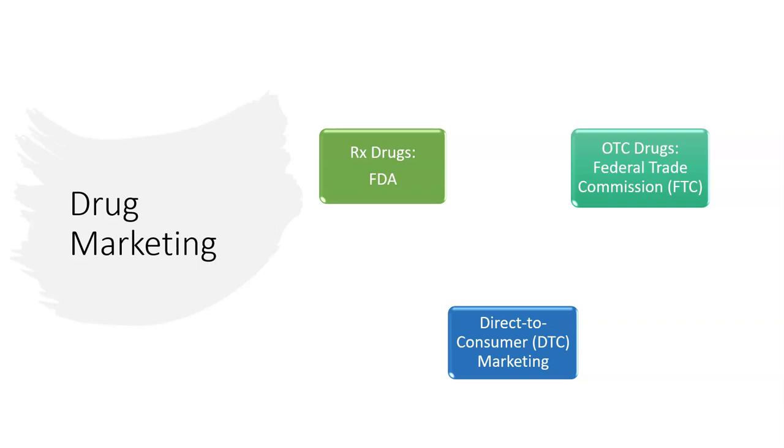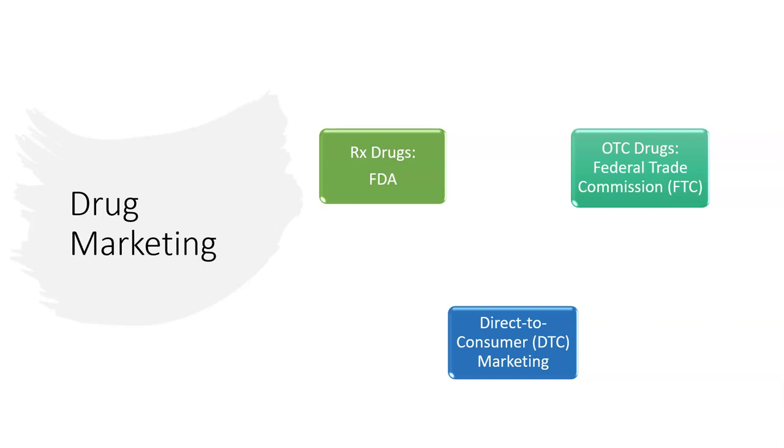Now, because of the expense of bringing the drug to market, the company that develops the drug has a period of time where they are the only company allowed to sell that drug. So again, they register the name of the drug with the U.S. Patent Office to get a trademark. The patent lasts for 20 years. And because they do it while it's still in the clinical trials, they lose a little bit of time.